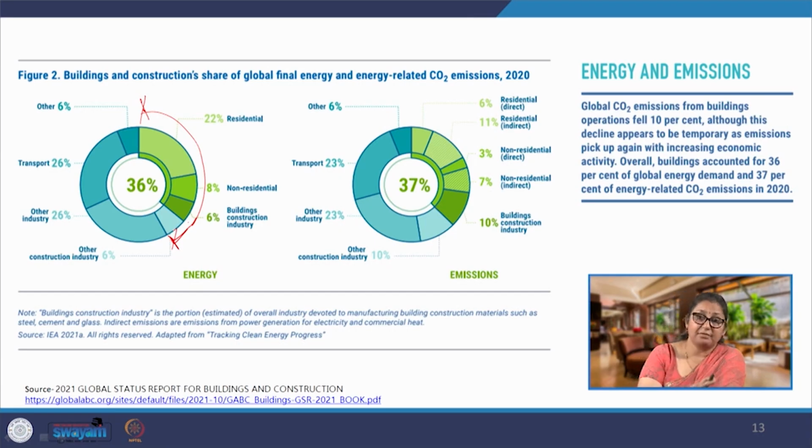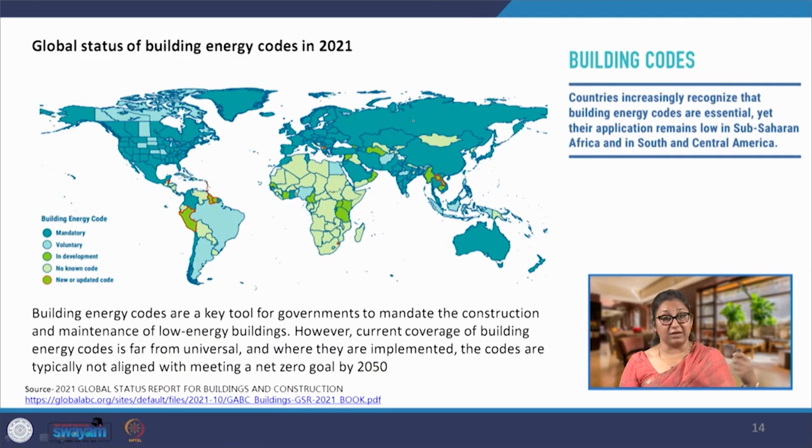So, a significant amount of energy is actually going into the buildings and construction industry, and thereby there is a direct relation to the emissions coming from this industry. This is a prime reason for us to consider the building and construction industry, to reduce the emissions accruing from this entire industry. Irrespective of whether we are related with the building or construction industry or not, we have to reduce.